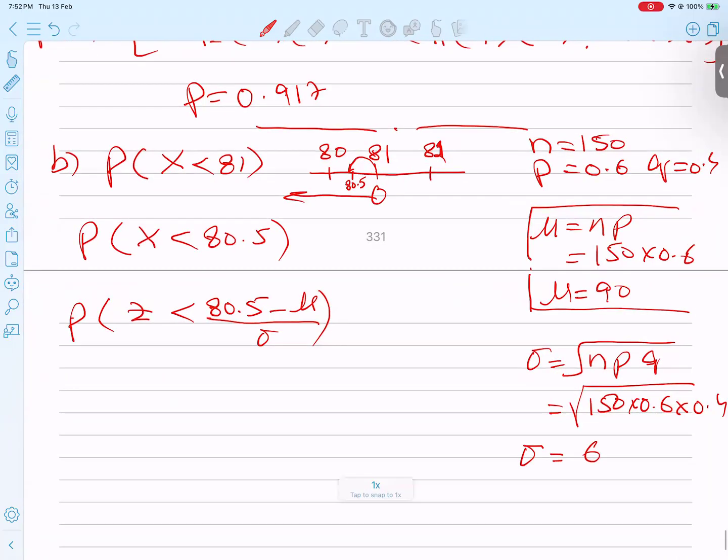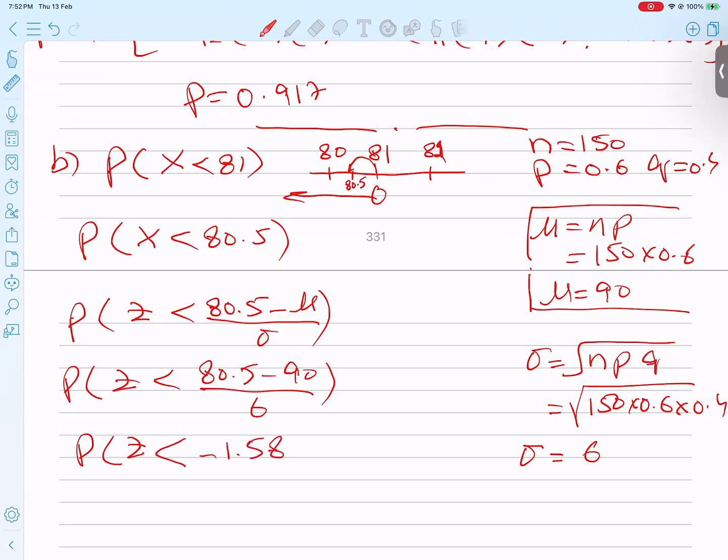Now I will plug in all these values here. So 80.5 minus 90 by 6. If I check in the calculator, this number tends to be negative 1.5833, or we can take it to 3 dp, no problem at all. Round to 3 dp.